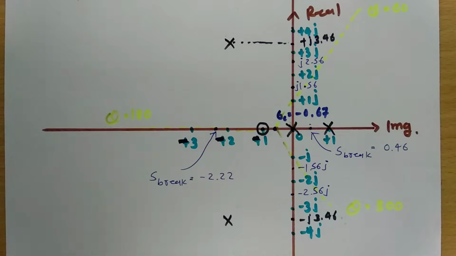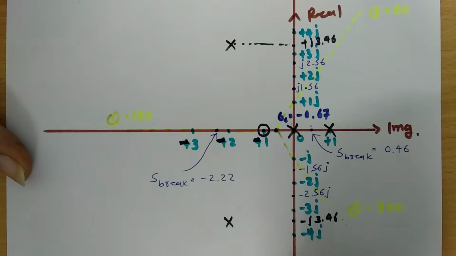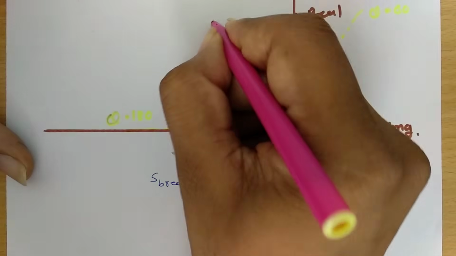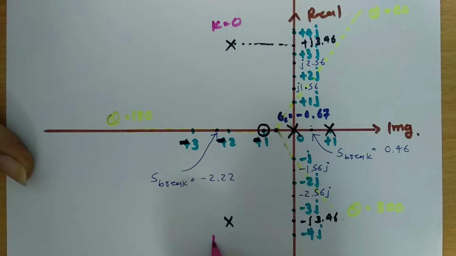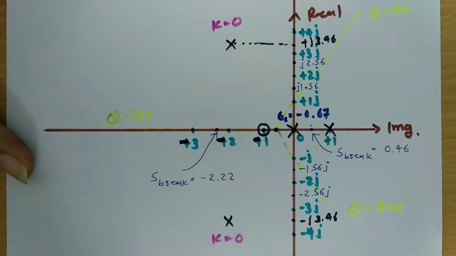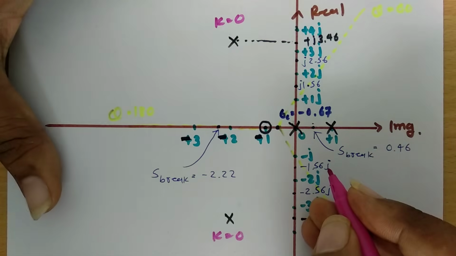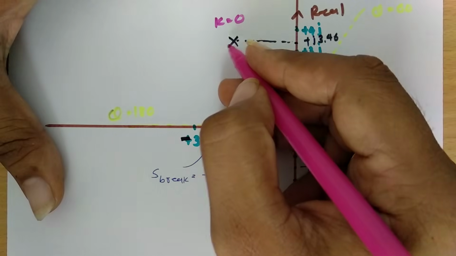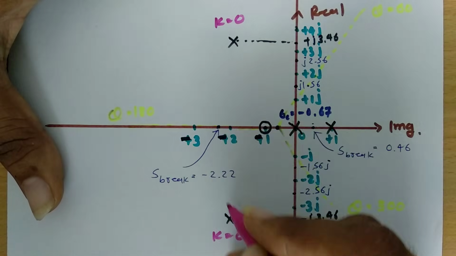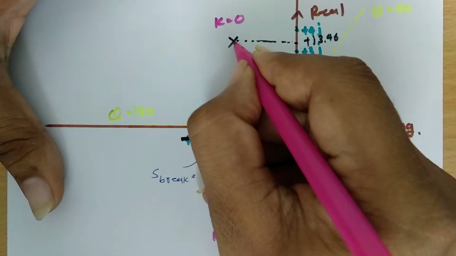Now let us plot this root locus. The root locus always begins from the poles where k equals 0. So k equals 0 is at the pole, which is what I am indicating right now, and the line will emerge from the pole and go towards the breakaway. The lines emerging from these two poles will go towards this breakaway.